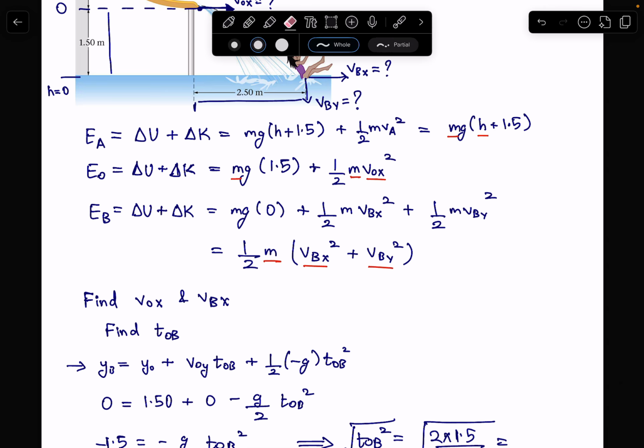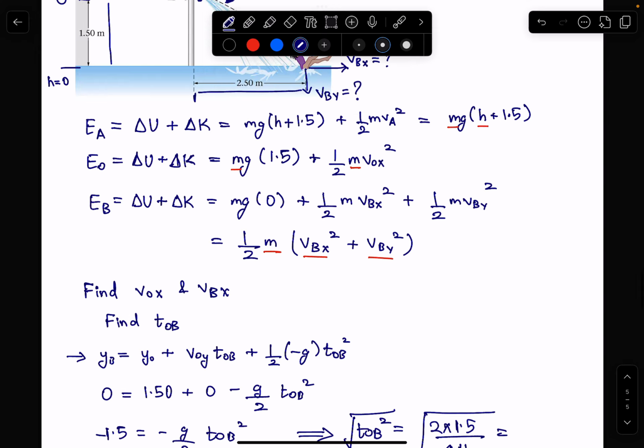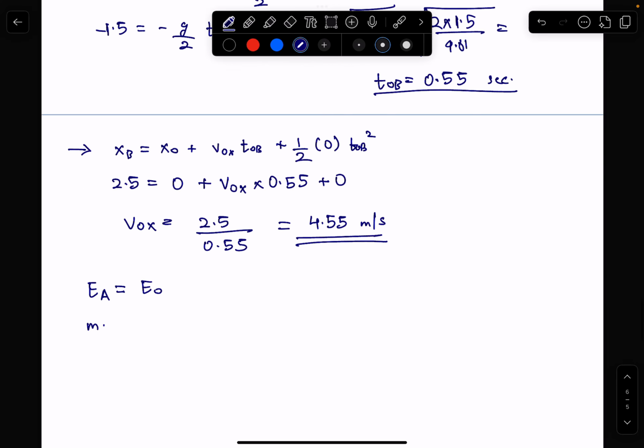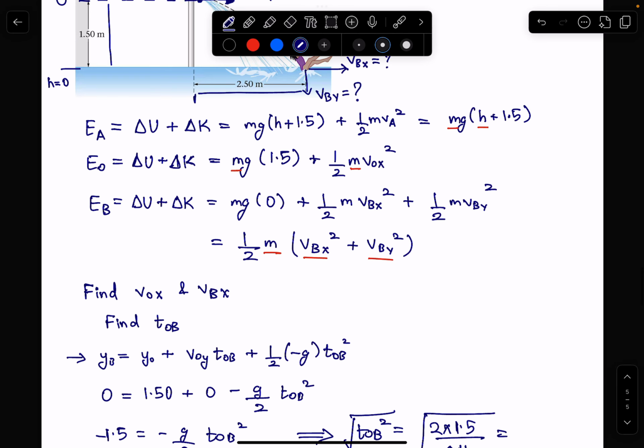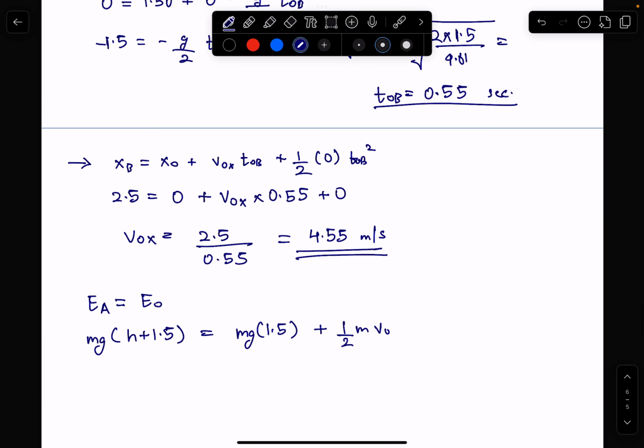So now I know the value of Vox. So looking at EA equal to EO, because there's no non-conservative work done. Let's look at my mgh plus 1.5 is equal to mg 1.5 plus half m Vox squared.